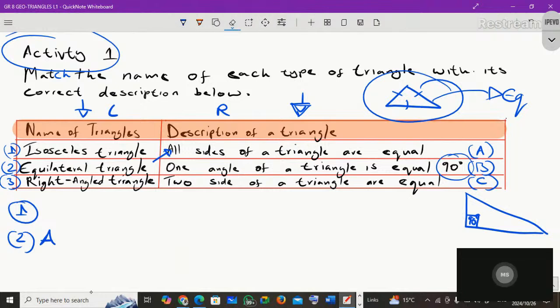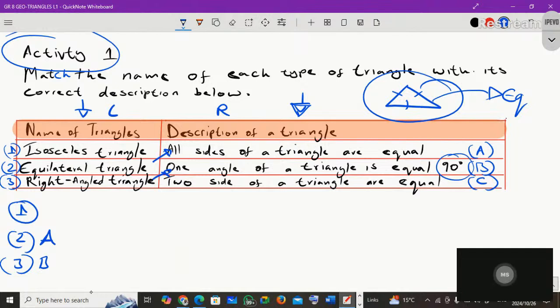Any 90 is a right angle. I hope it makes sense. So now this is a right-angled triangle. So we can go to the names of the triangles and see, do we have a right-angled triangle? Yes, we do. It's number 3. So which means B goes with number 3.